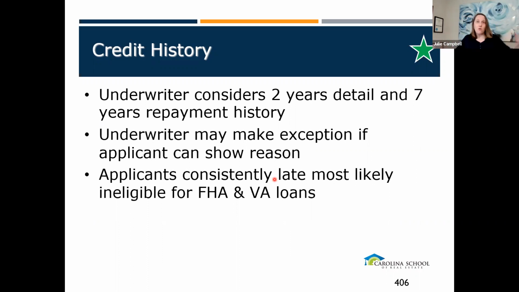You may have to show more than 2 years of payment because I'm not getting a paycheck every other week. So independent contractors, isn't that ironic? The very thing I do for a living may make it harder for me to do for myself. But if you think about it, you have to be able to show some kind of consistency. And if they can't see that in your last 2 years of income, then they just may ask to go back more.